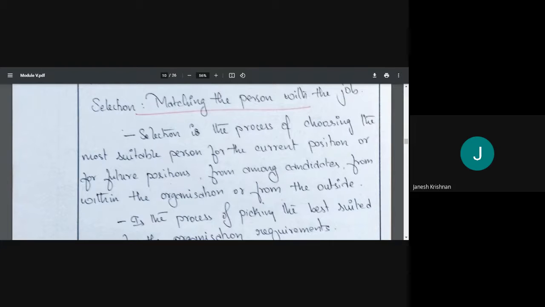So selection is the process of choosing the most suitable person for the current position or future positions. Maybe I have a requirement right now, or I am foreseeing that I'll have a requirement in the near future. Like say I'm having a restaurant, and I'm thinking about expanding the menu.